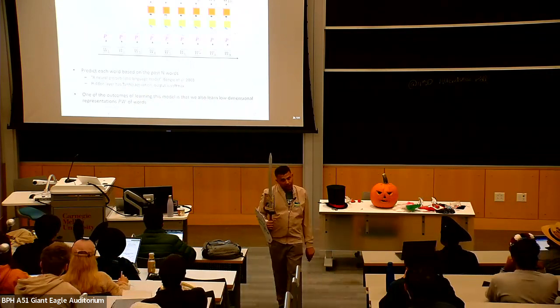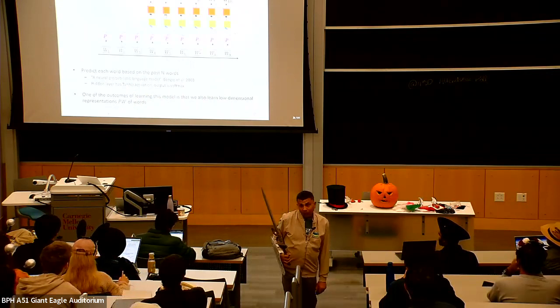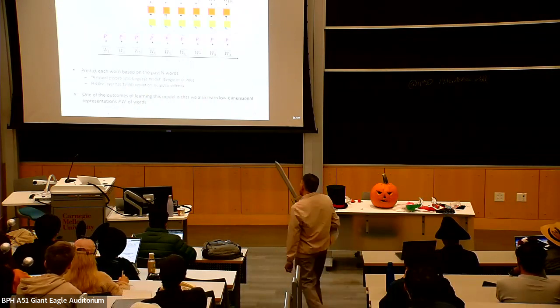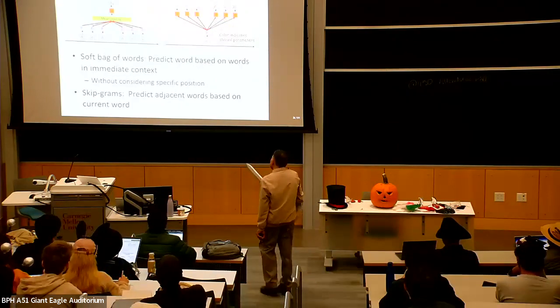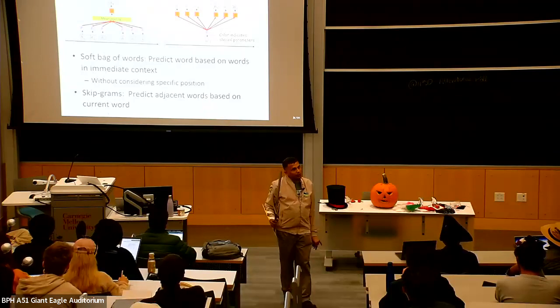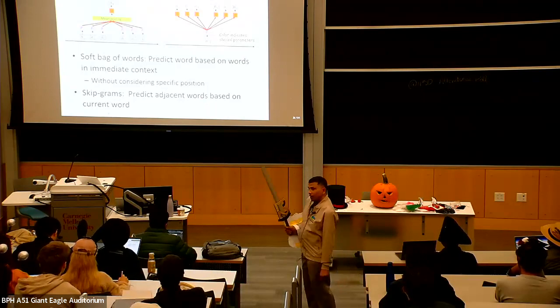It still is. Because it turns out that learning the appropriate representations for words can make life very simple for us. You get semantically useful mathematical characterizations for words. And so there are other possibilities, like trying to predict a word based on all the words on either side. This was called a soft bag of words.